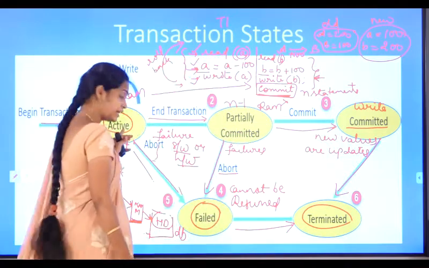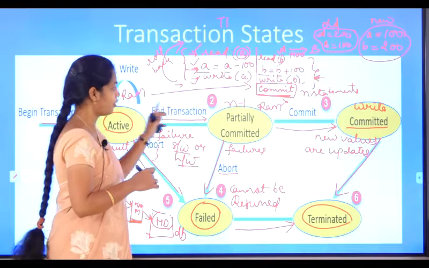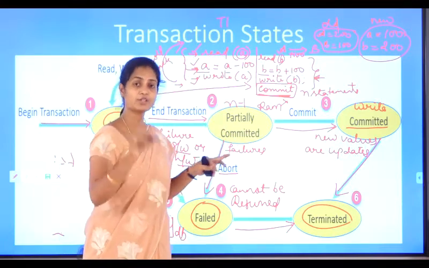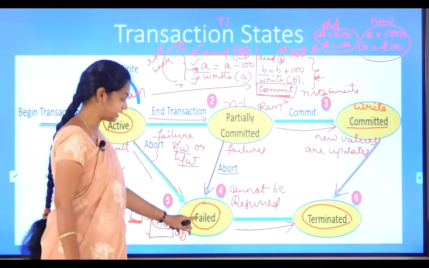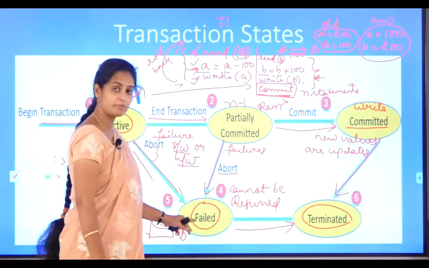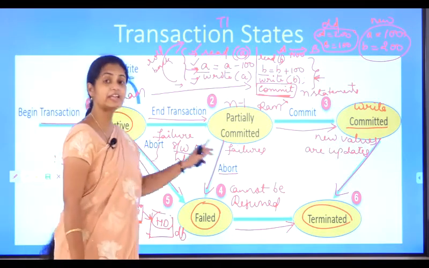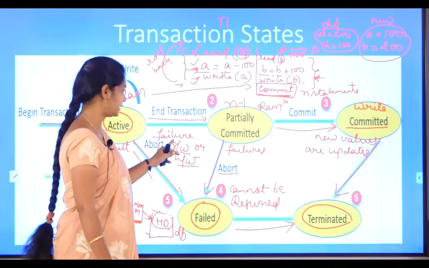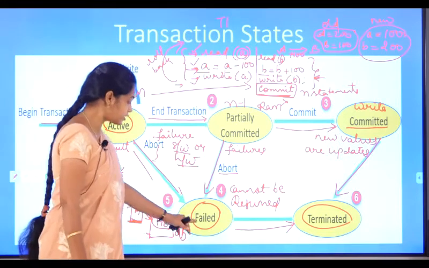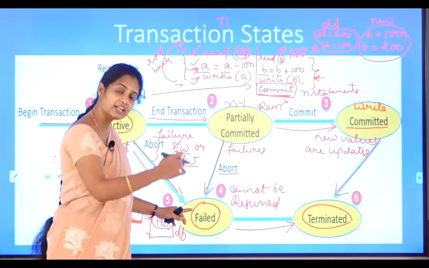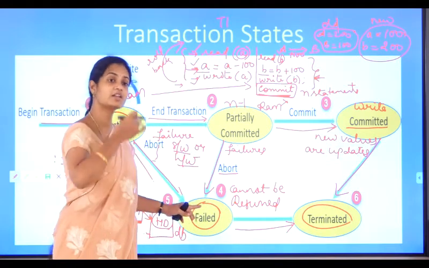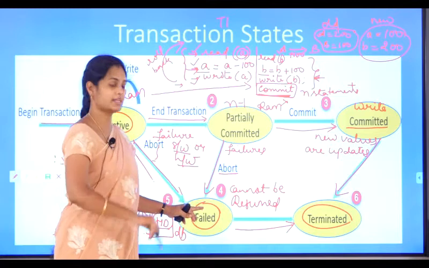And if the transaction is in the active or partially committed state, there is a chance of that transaction entering into the failed state. Why will it enter into the failed state? Maybe because of failures occurring in the middle, either software or hardware. The failed state is where it has to resume the initial transaction or else start a new transaction.